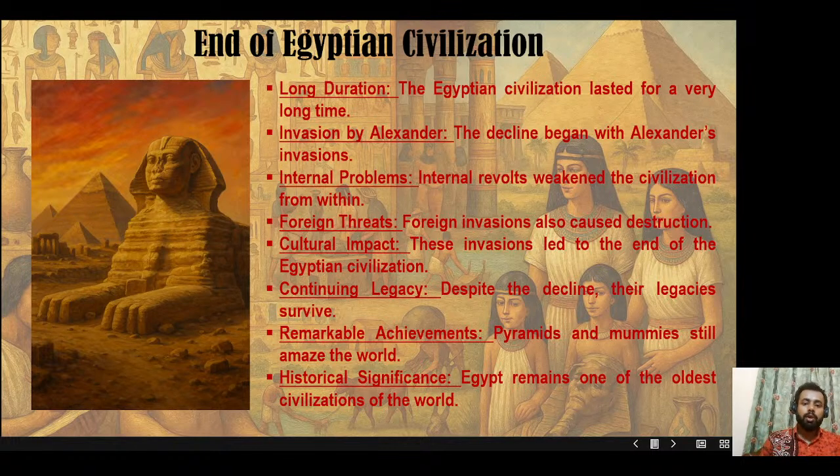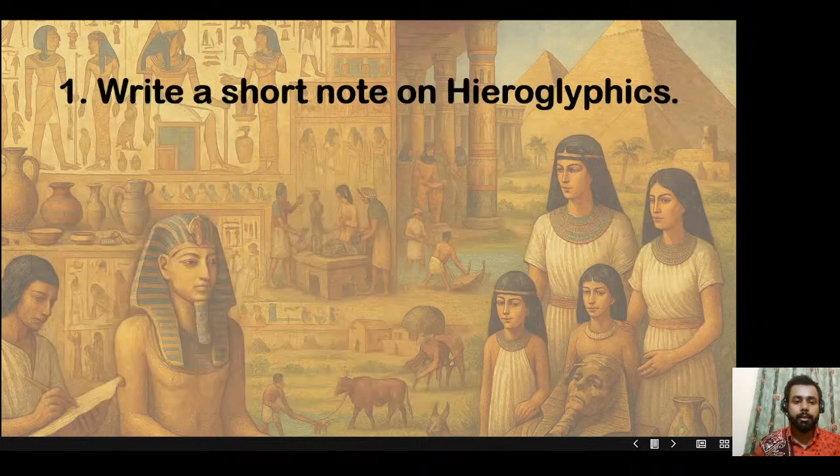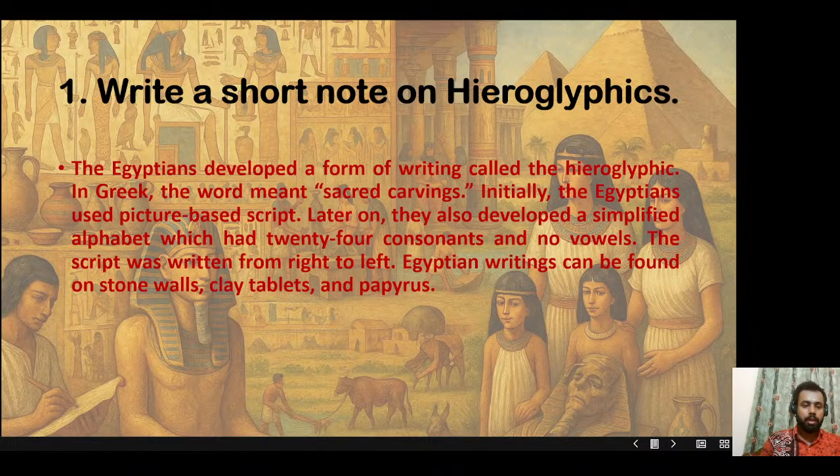Okay. So now we will go through the questions and answers which will help you to understand this chapter better. Write a short note on hieroglyphics. The Egyptians developed a form of writing called the hieroglyphic. In Greek, the word meant sacred carvings.